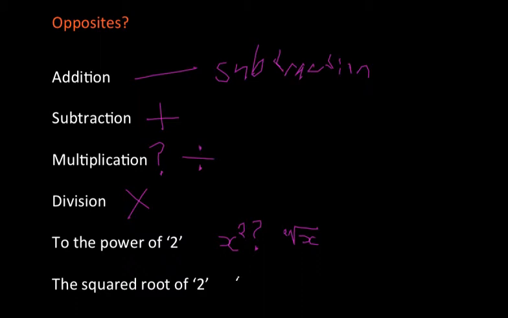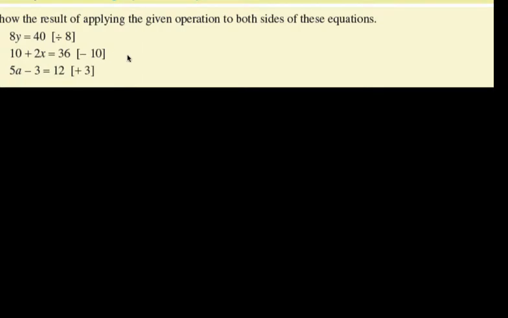So let's say we have the square root of 2. The opposite of that would be 2 squared. So if you had, for example, the square root of x, the opposite of that would be x squared. Alright, so why do we need to know the opposites of those? Because we can't solve an equation without knowing these things.